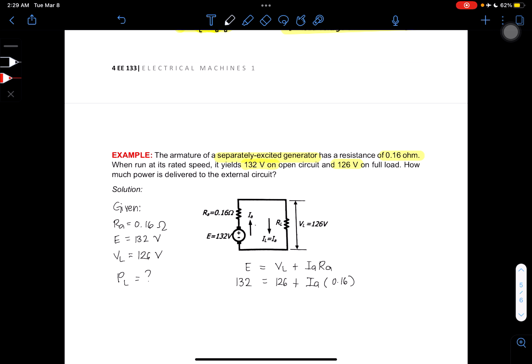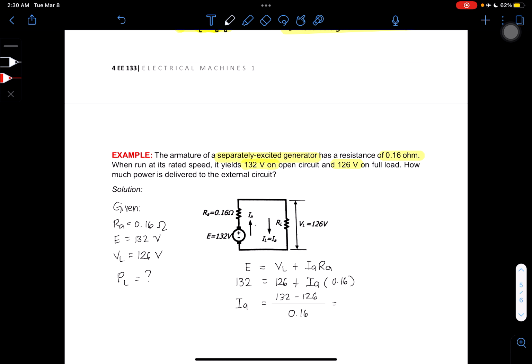To solve for IA, IA is equal to 132 minus 126 divided by 0.16.